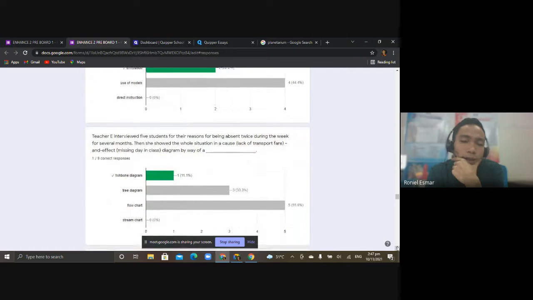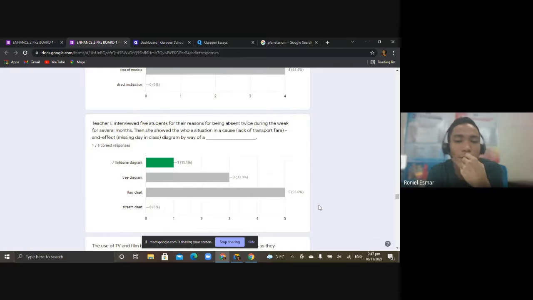Next, teacher E interviewed five students for their reasons for being absent twice during the week for several months. Then she showed the whole situation in a cause and effect diagram by way of a what? What kind of diagram shows cause and effect?